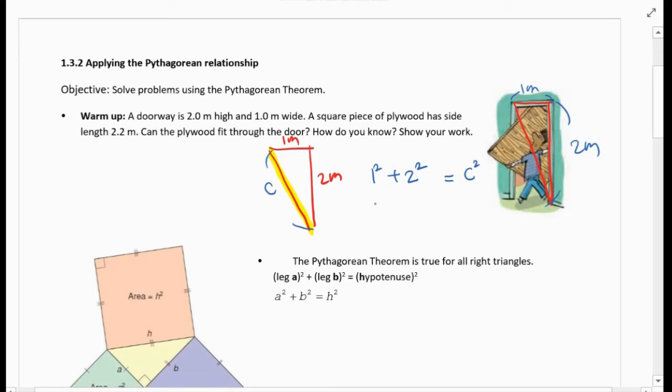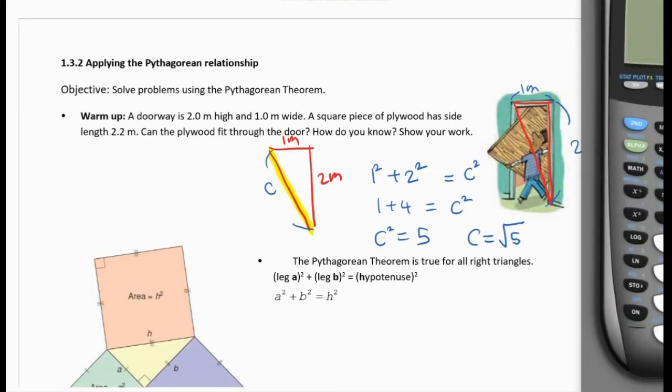Let's calculate it. 1 squared plus 2 squared is 1 plus 4, which is C squared. Then C squared is 5. Then C is the square root of 5.